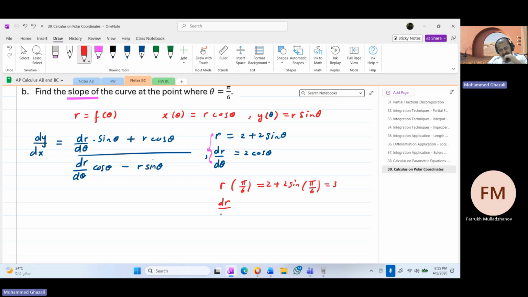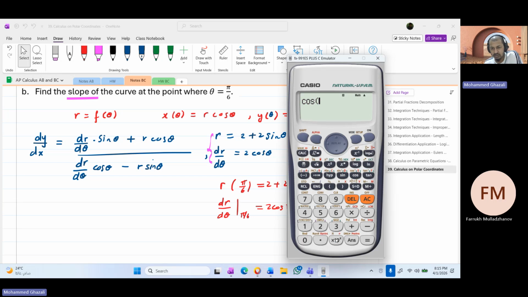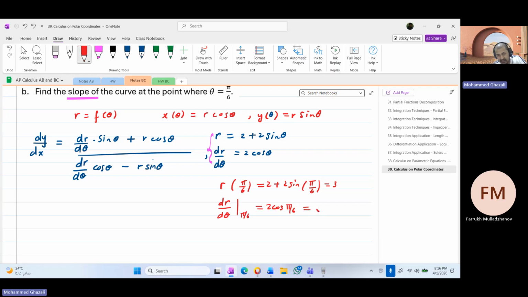And dr/d theta evaluated at pi by 6 gives me 2 cos pi by 6. What is 2 cos pi by 6? Cos pi by 6 is root 3 over 2, so that's just root 3. You are right, it is root 3.